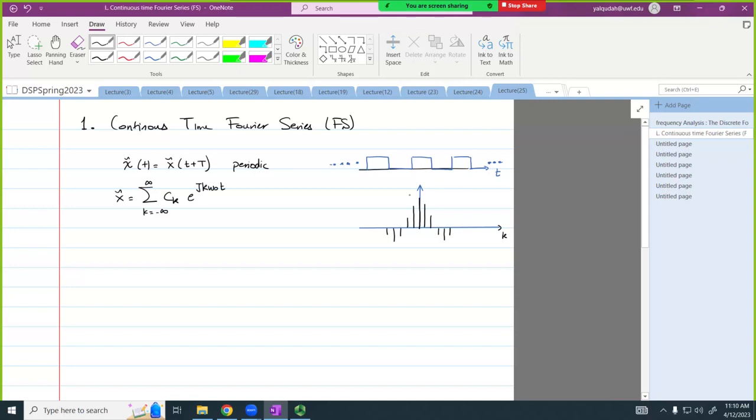So this represents c_k's. And c_k's are given by 1 over T, the integration over one period, x tilde(t) e^(-j k omega_0 t) dt. And these we call harmonics.